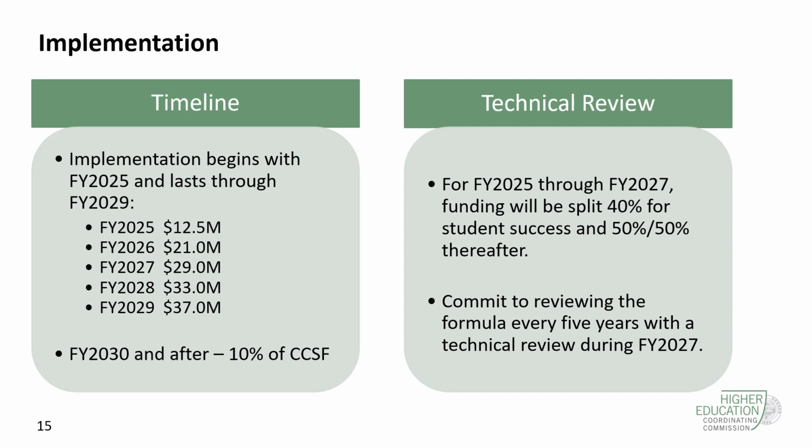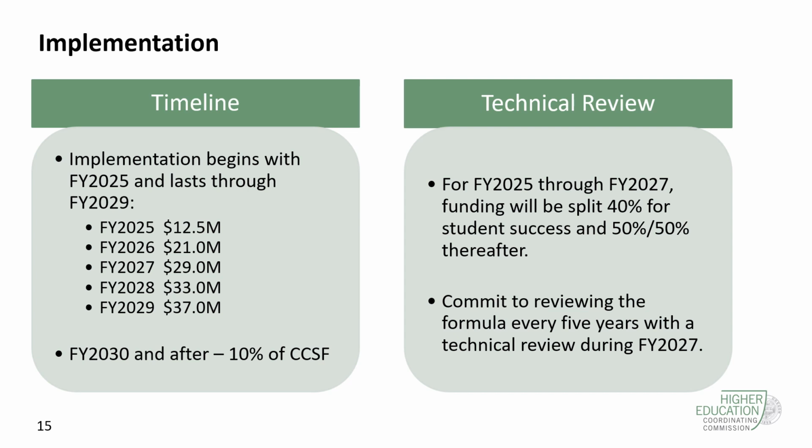The idea is to gradually increase the funding available for those 2 new components, as you see on the left-hand side of this chart. In the initial implementation year, it'll be $12.5 million. It will then go to $21 million, grow to 29, 33, 37. So the idea is over time, $12.5 million is about 2%, 37 million is about 7 or 8%.